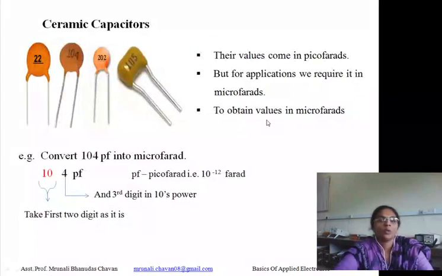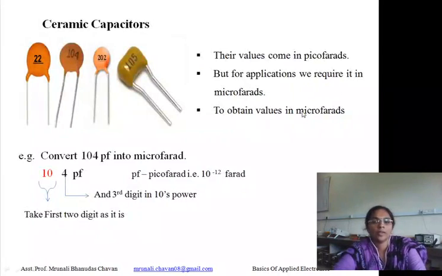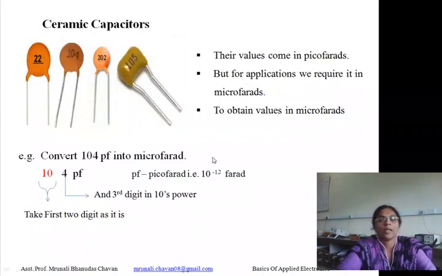So, to obtain the values in microfarads, we have to do some calculations. How to convert this picofarad value into microfarad, we have to discuss here.